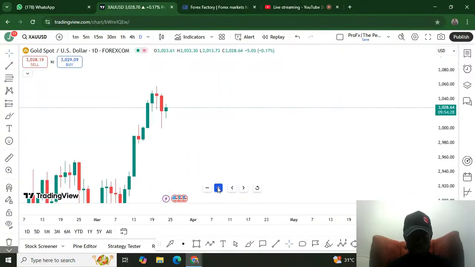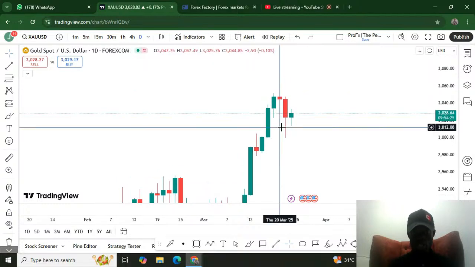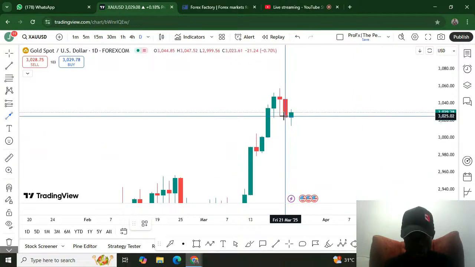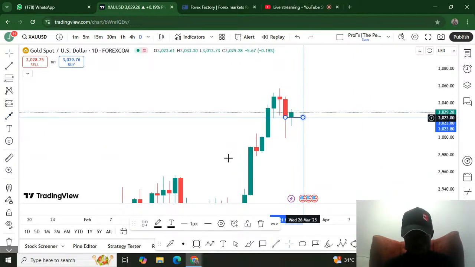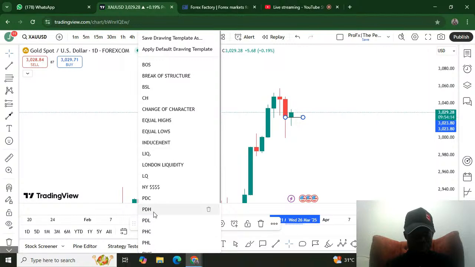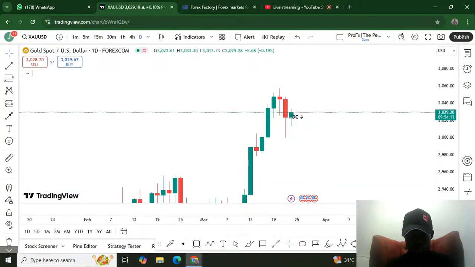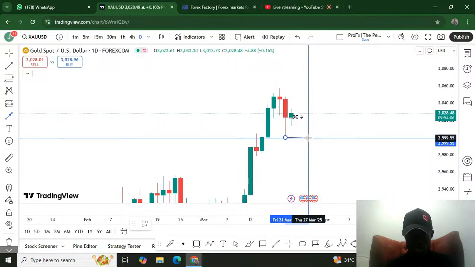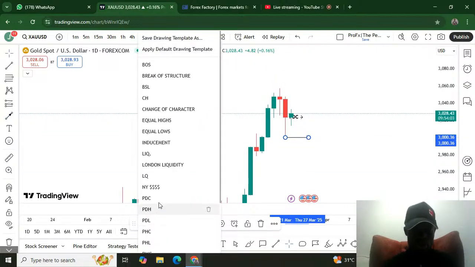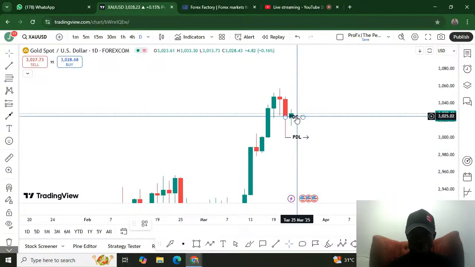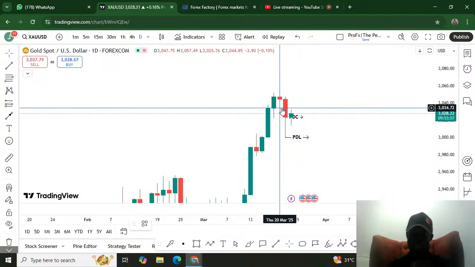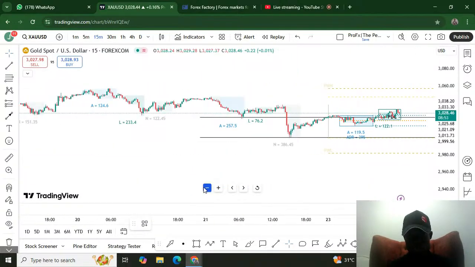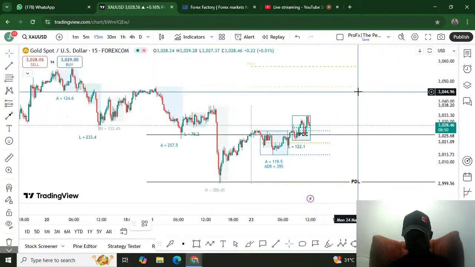This is the previous day's candle close, so we mark the close, the PDC, and the PDL, the previous day low. We've marked the close and the low because it closed bearish the previous day. So we now drop down to 15 minutes and 5 minutes to continue our bias.